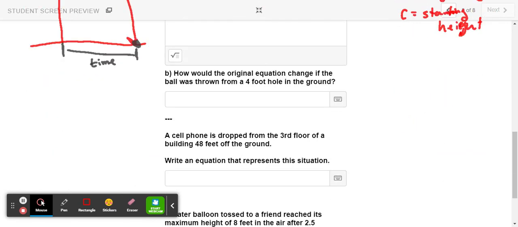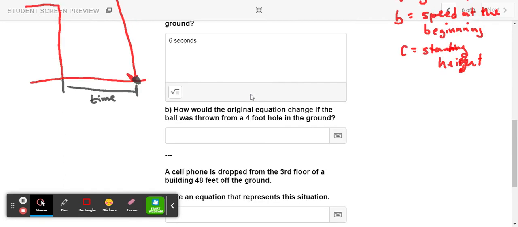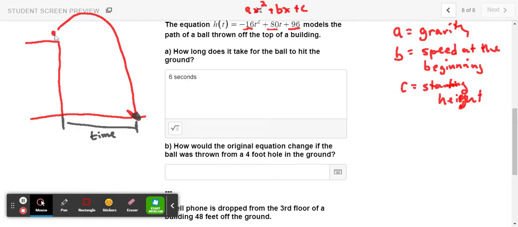All right. How would the original equation change if the ball was thrown from a 4-foot hole in the ground? So instead of being thrown up from up here, the ball was thrown from underground, right? It's actually down here. Well, if you come over here and remember the starting height is c, instead of being 96 feet above ground, it's 4 feet below ground.